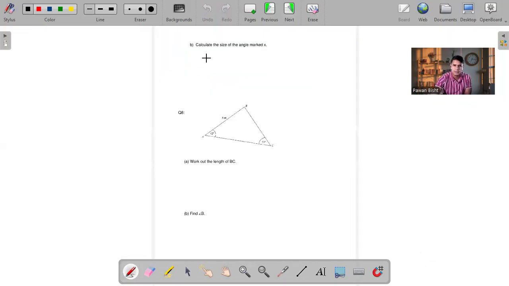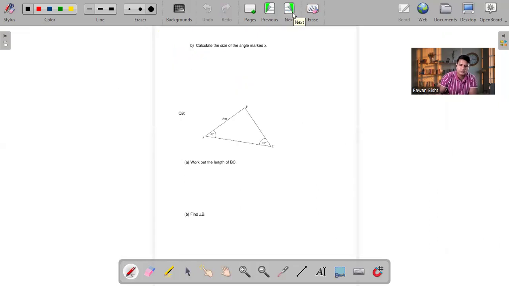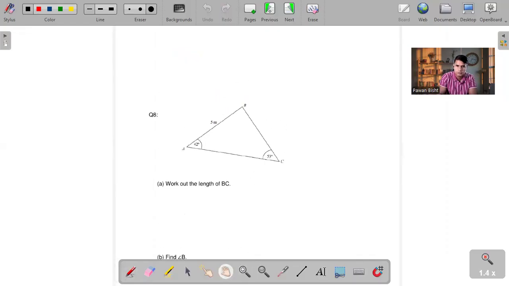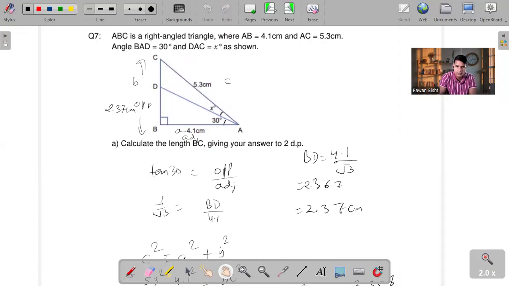Now for the B part, you have to find the size of angle marked x. So if I take the bigger triangle ABC, right? So this BC we already calculated, and this is adjacent.